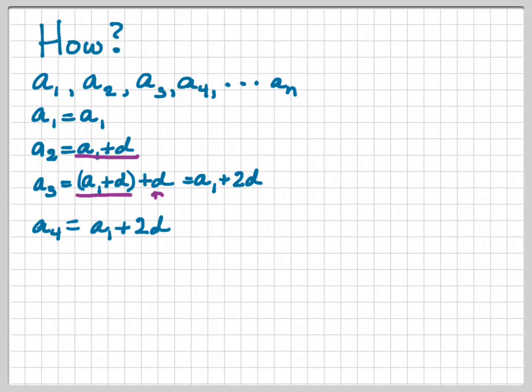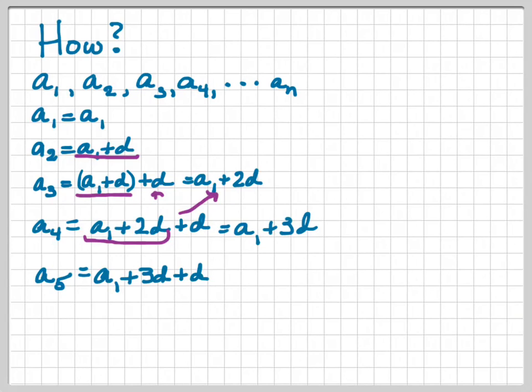For the fourth term, it would be a sub 1 plus 2d, which is what we got for our answer here, and we're going to add d to it, so we'll have a sub 1 plus 3d. See a pattern forming here? The fifth term would be a sub 1 plus 3d plus d again, which is a sub 1 plus 4d.